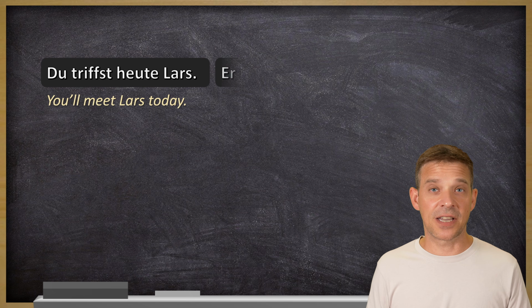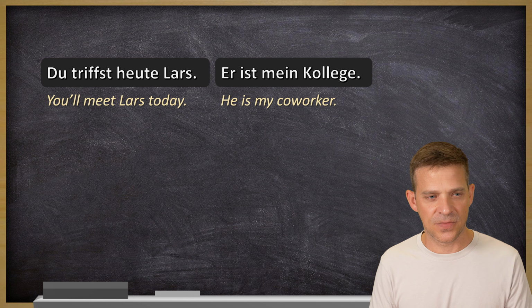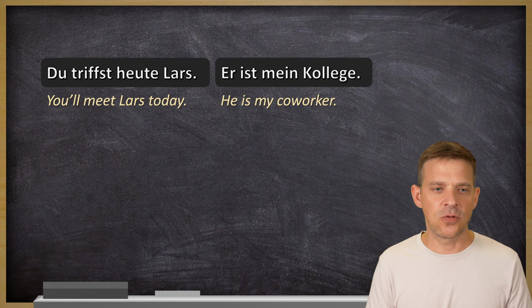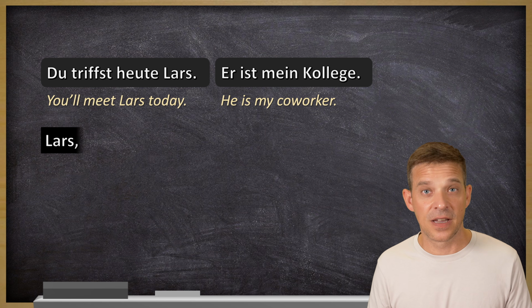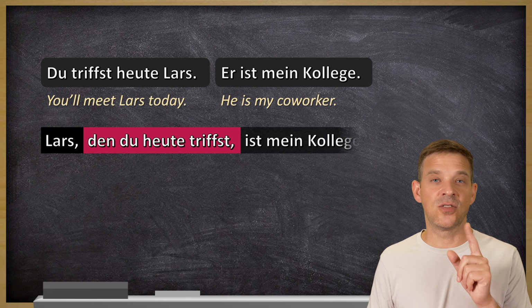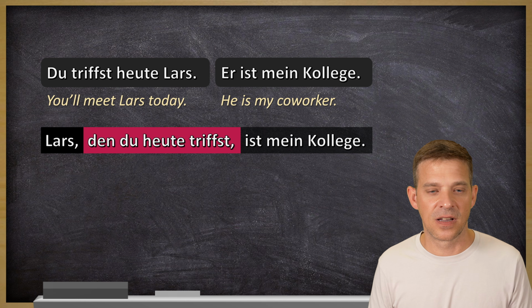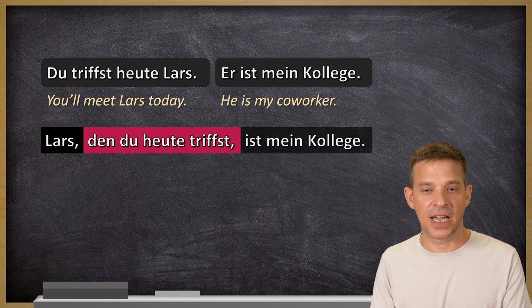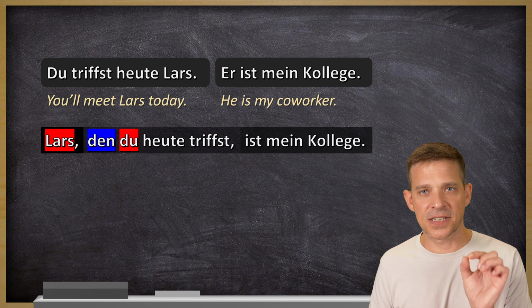Next example. Du triffst heute Lars. Ist mein Kollege. You will meet Lars today. He is my co-worker. Becomes: Lars, den du heute triffst, ist mein Kollege. Lars, who you're going to meet today, is my co-worker. Here we have Lars ist mein Kollege.